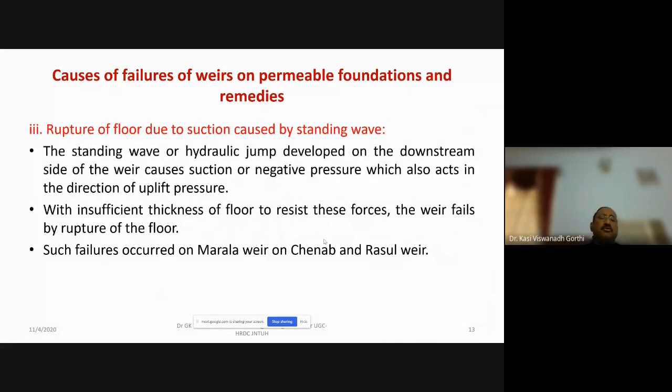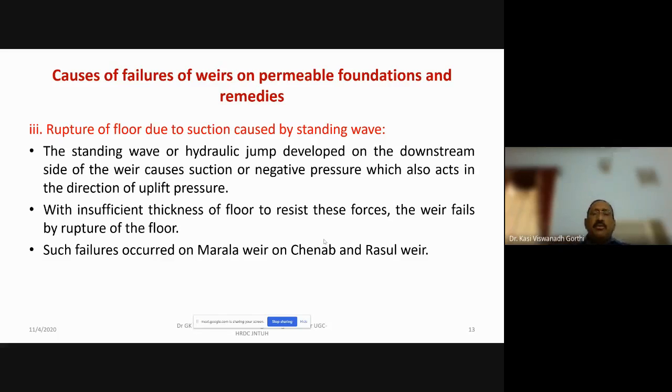Next, the third failure will be rupture of floor due to suction caused by the standing wave. Standing wave is also called the hydraulic jump. As indicated, when the water is flowing from higher levels to lower levels, conversion of energy takes place. The water possessing more potential energy, when it falls directly onto the downstream portion, gets converted into kinetic energy. As a result there will be a change of state from supercritical to subcritical.